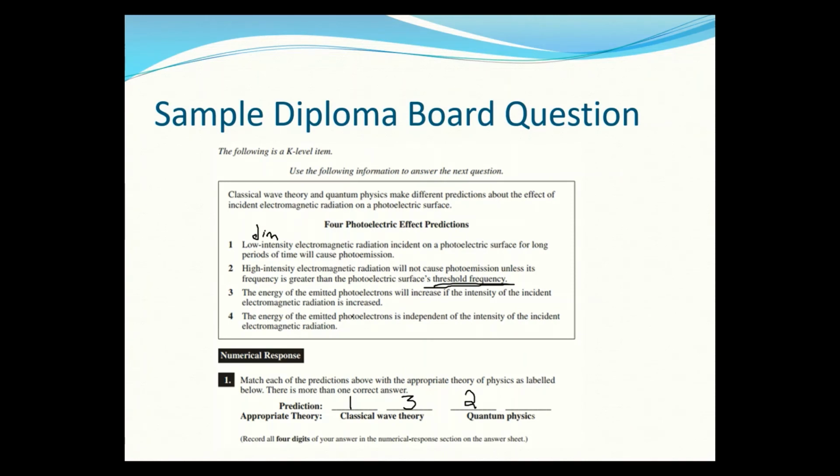So the energy of the emitted photoelectrons is independent of the intensity of the incident electromagnetic radiation. Yes, intensity will not affect energy. What affects energy is the frequency, the energy of the photons. So 4 would be that one. Those guys are tricky. I hate those questions, but sometimes they pop up, and for sure there's going to be one on your quiz. So make sure you ask me questions if you don't understand anything about that.